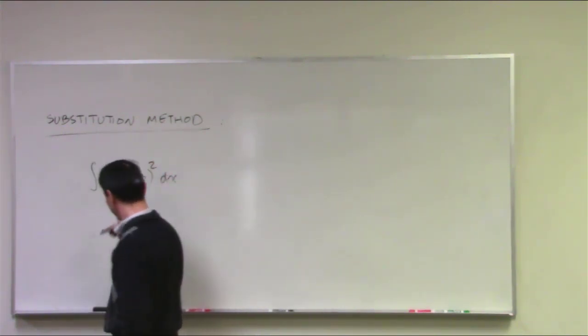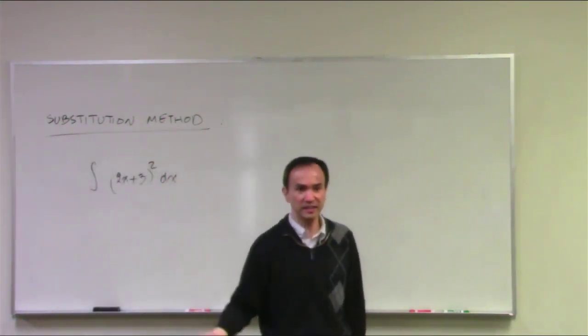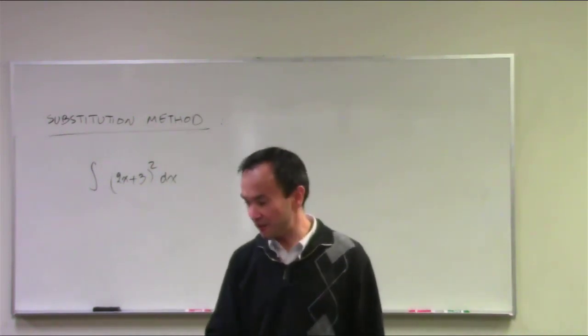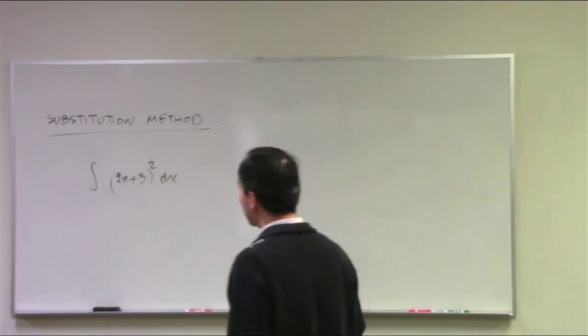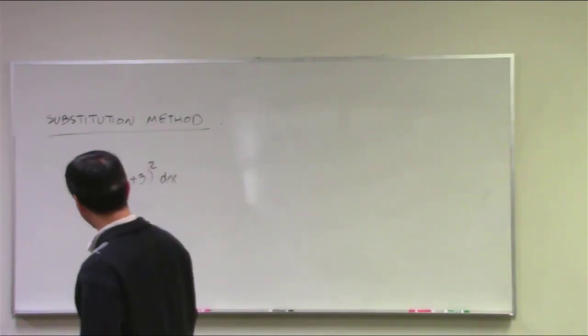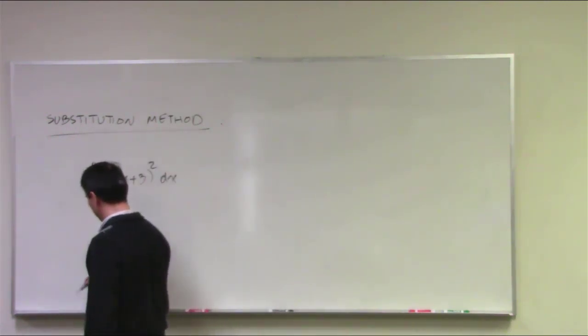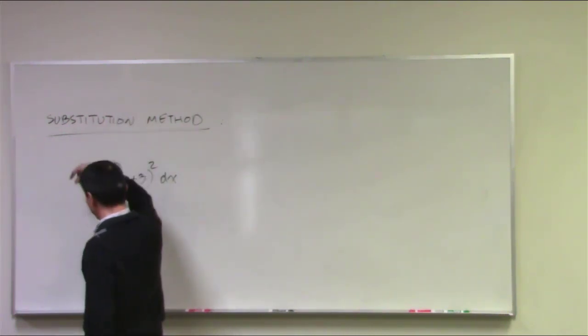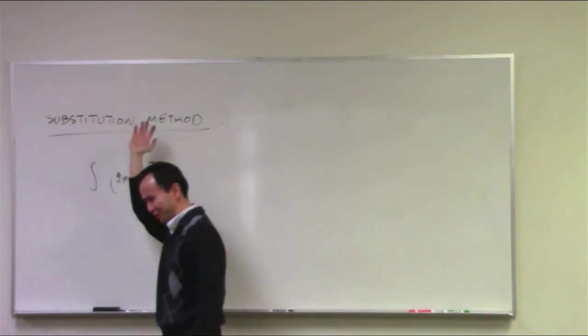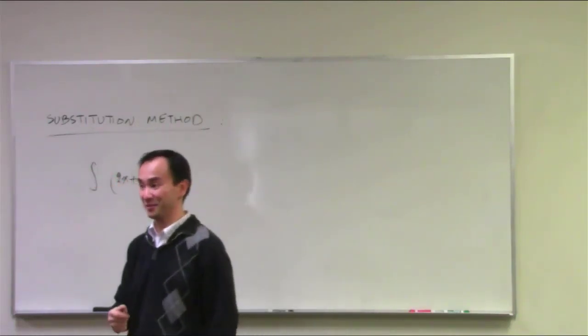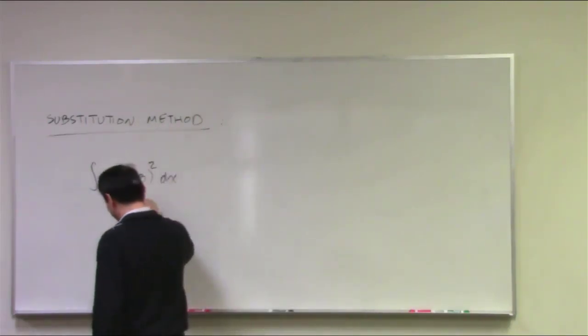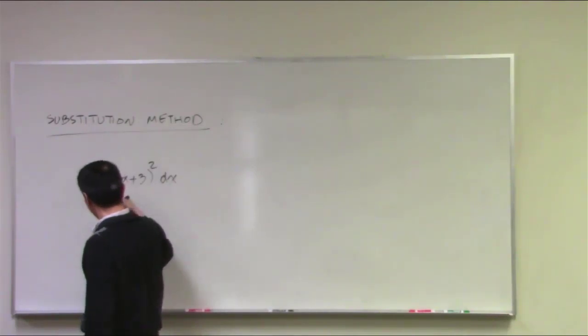This is an antiderivative problem, or in this day, we can formally call it an indefinite integral. To evaluate this indefinite integral, or to find the antiderivative, what do we do? Prior to this point, I hadn't shown any method yet, the substitution method. I just talked about it, but I didn't get into what it is yet. So the only choice of getting to this is to foil that thing.